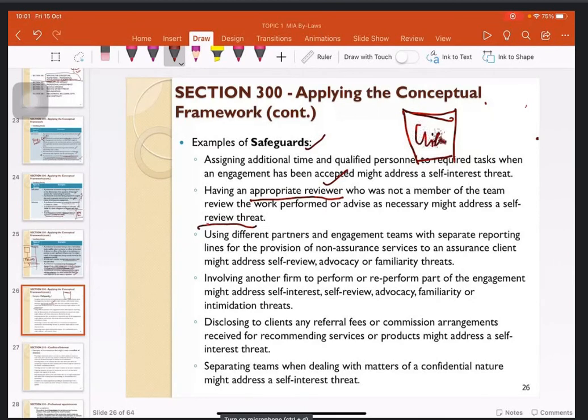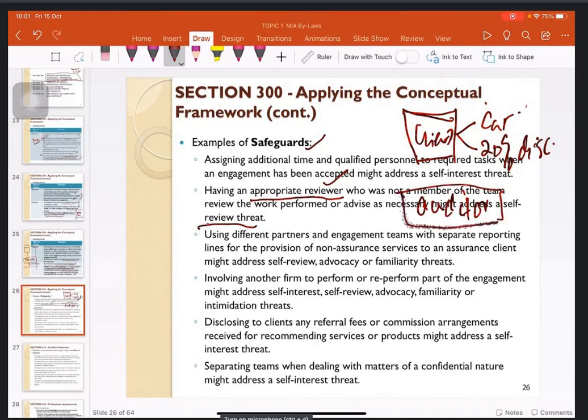This client dia jual kereta, and this client dia bagi 20% discount kepada dia punya loyal customer. So bila dia bagi 20% discount kepada loyal customer, so dia offer kepada you. You adalah auditor, let's say you adalah one of the audit team dekat this client. So dia offer kat you 20%.